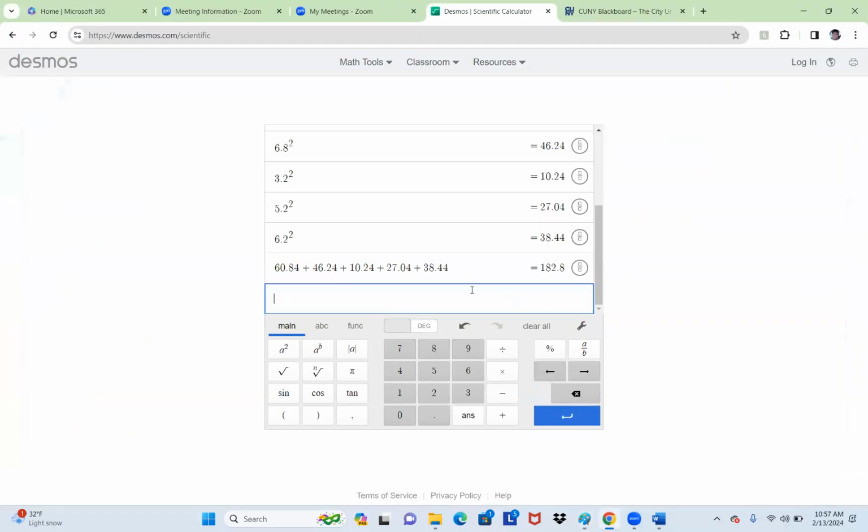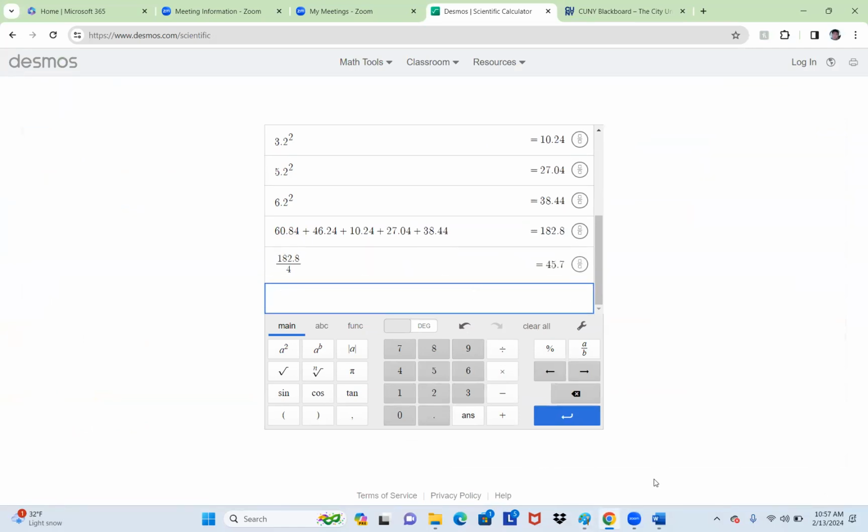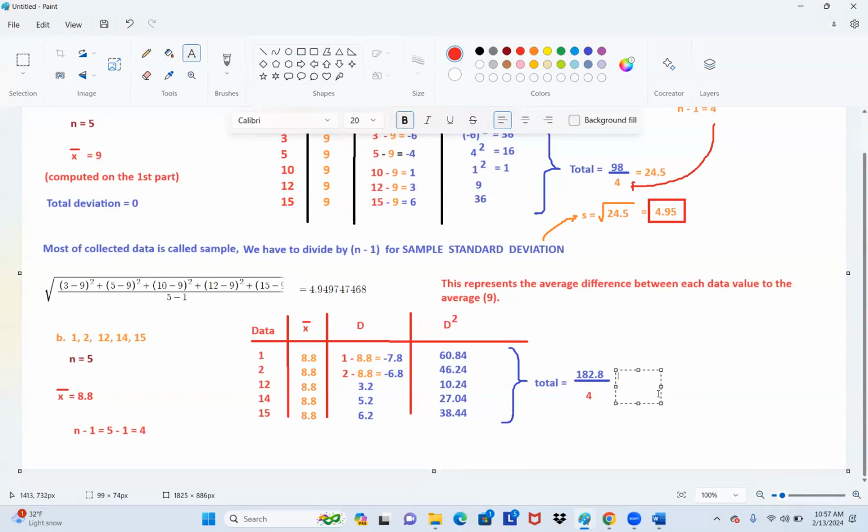So we take 182.8 divided by 4, and we have the answer is 45.7. Are we good?